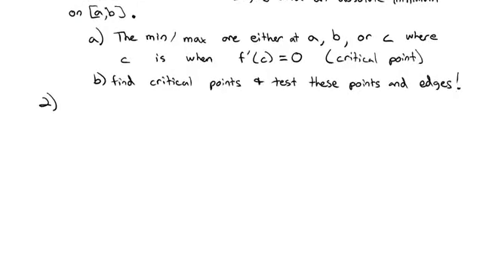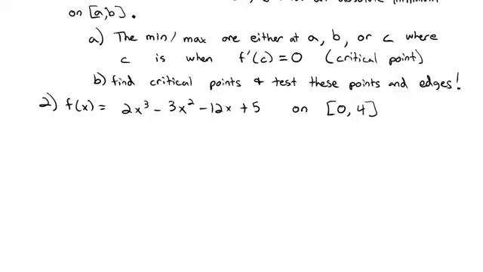Let's take a look at what we mean by that. Let's say that f of x is equal to 2x cubed minus 3x squared minus 12x plus 5. And we're going to look on the interval from 0 to 4 to find the absolute minimum and the absolute maximum in that range.